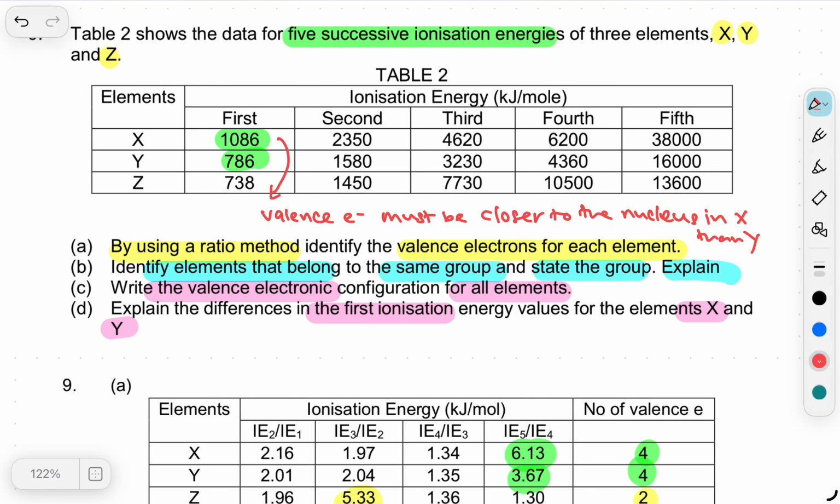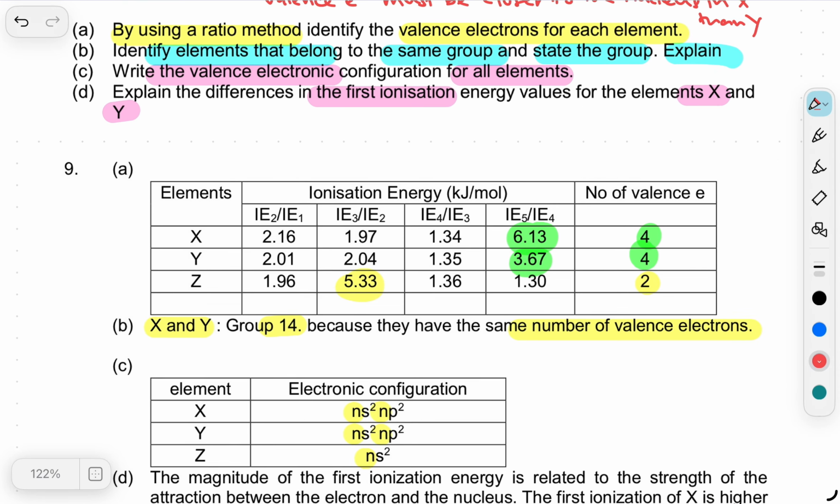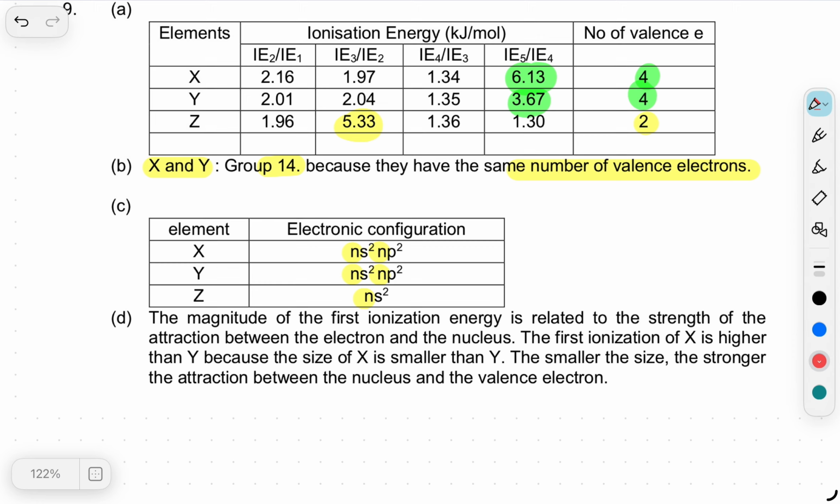So it's more difficult to remove the valence electron. So what's the answer given?